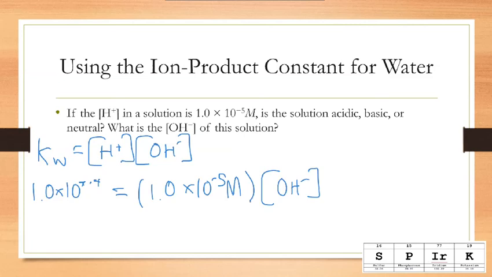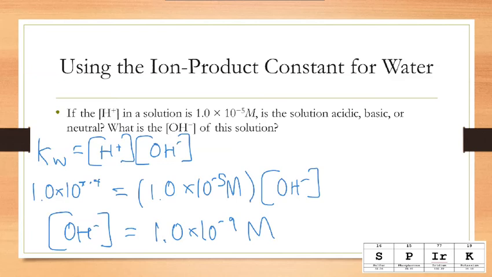So we divide by 1.0 times 10 to the negative 5, and we determine that the concentration of OH minus is 1.0 times 10 to the negative 9 molar. So if we look at the concentration of H plus, which is 1.0 times 10 to the negative 5th, and compare it to 1.0 times 10 to the negative 9th for hydroxide, we can determine that this is an acidic solution because the concentration of H plus is greater than the OH minus concentration.